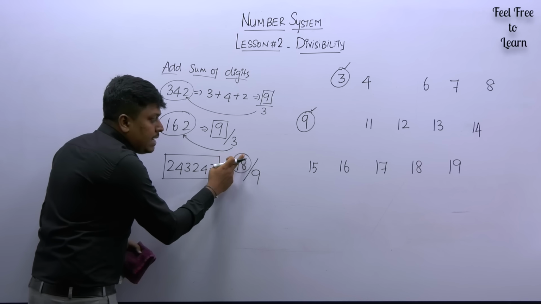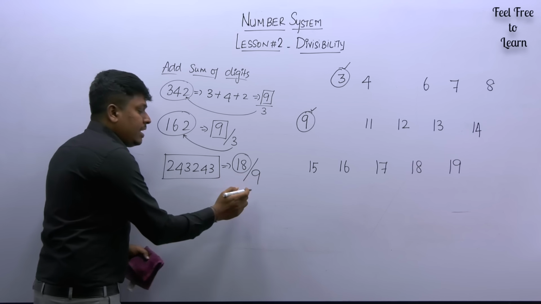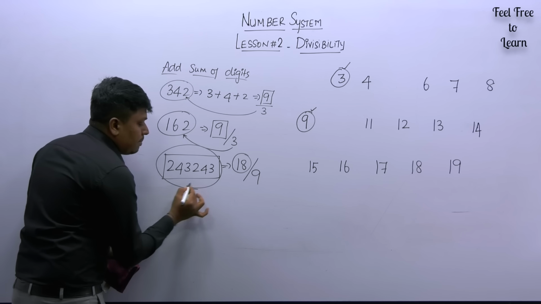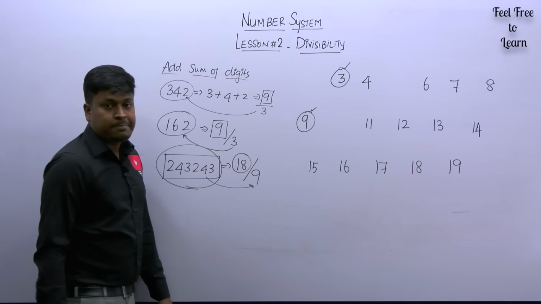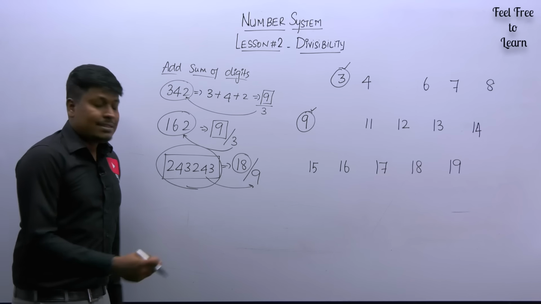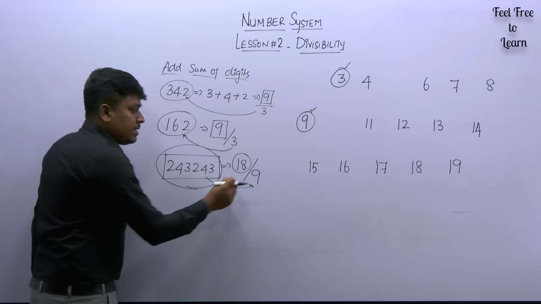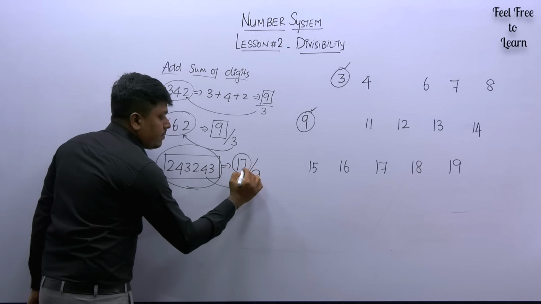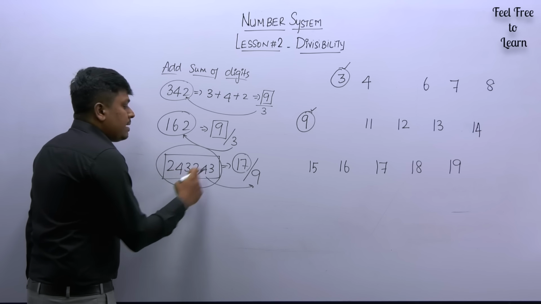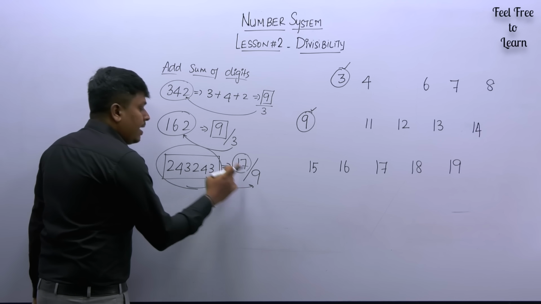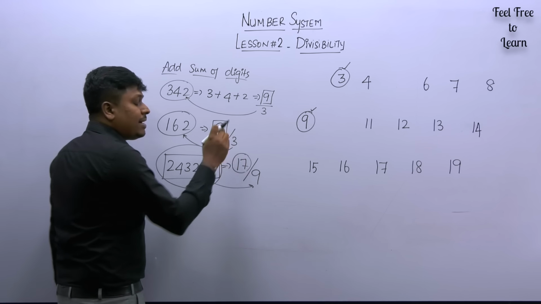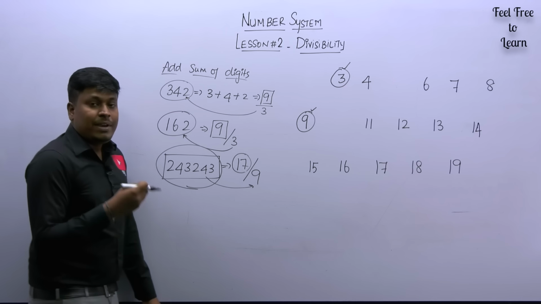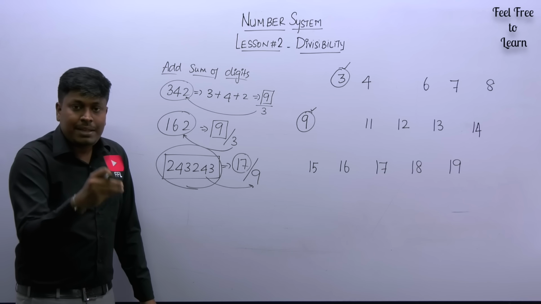If this sum is divisible by 9, then we can say that this complete number can be divided by 9. Got it? In case we add all the digits and get only 17, then definitely this number cannot be divided by 9, and the same number cannot be divided by 3. So when should you say that a number is divisible by 3 and 9?